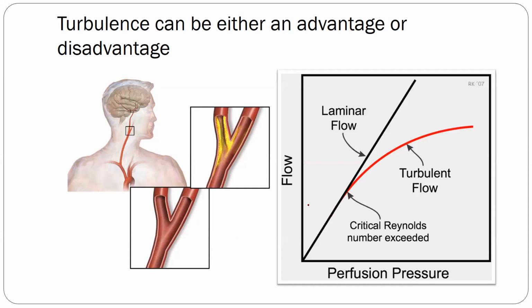And that will result to increase in perfusion pressure, okay? So let's say you have here a curve that characterizes that. So blood flow is known to be laminar. And the reason it's laminar is it's because of the very small size of your blood vessel.